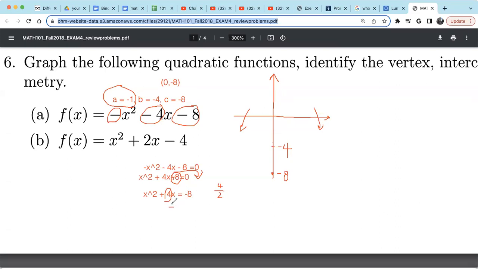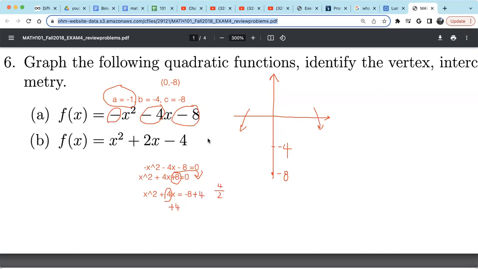So I'm going to add 4 on the left-hand side. At the same time, I'm adding 4. So 2 squared is 4. Where does this 4 come from? This 4 comes from, I take the number before x, the coefficient of x, which is 4, I divide by 2, then I get 2. Then I square the 2, which is 4. So I add 4 on both sides of the equation.